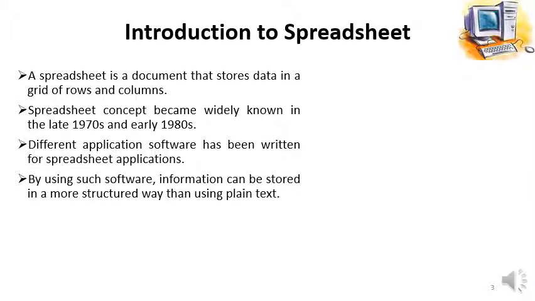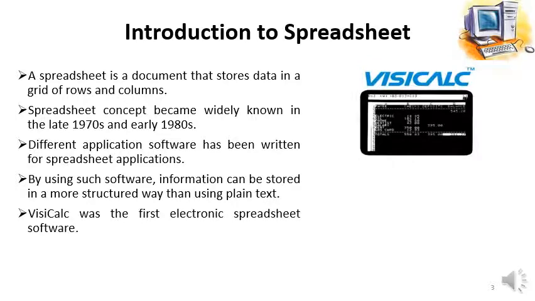By using such software, information can be stored in a more structured way than using plain text. VisiCalc was the first electronic spreadsheet software. Here you can see the image of the interface of the VisiCalc spreadsheet application. It has very low graphics and the interface is not that good.